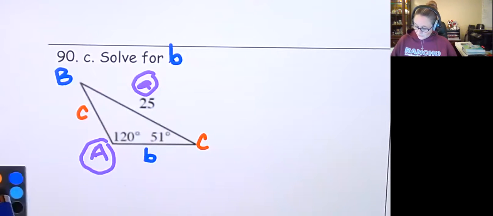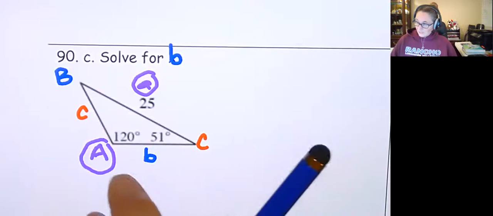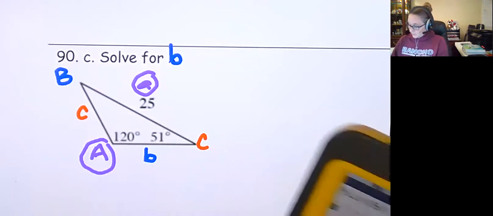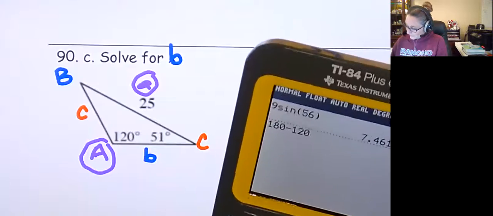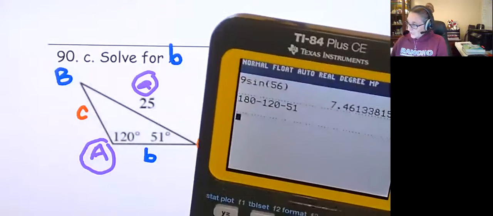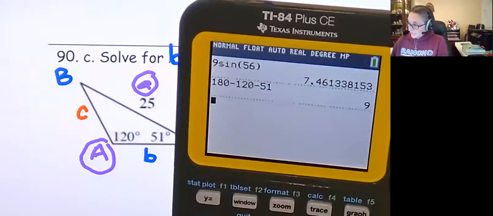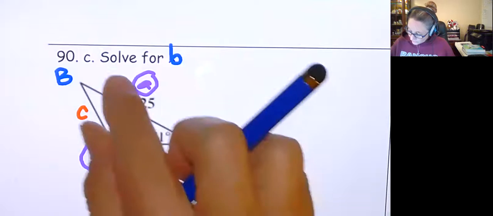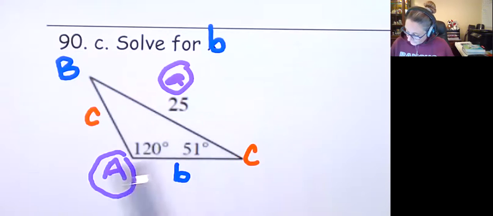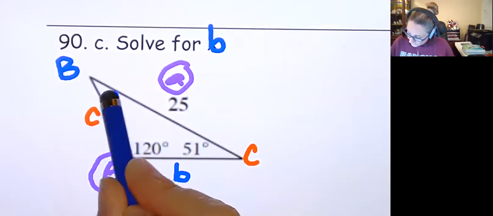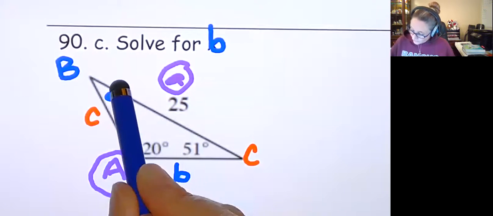So I can easily find the third angle by going 180 minus 120 minus 51, and I get 9. Okay, so this one here is going to be 9 degrees.